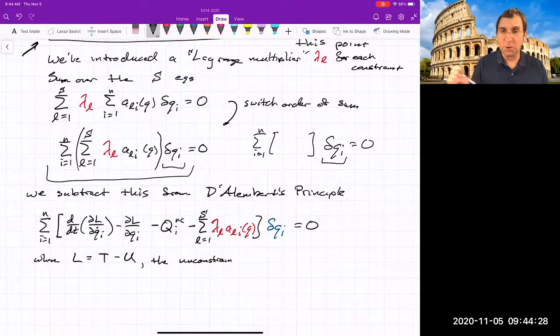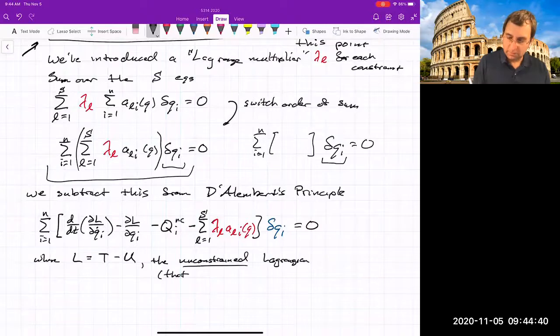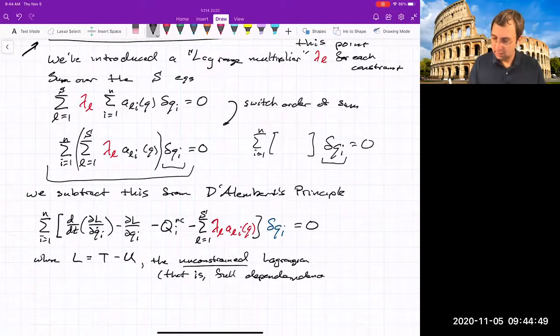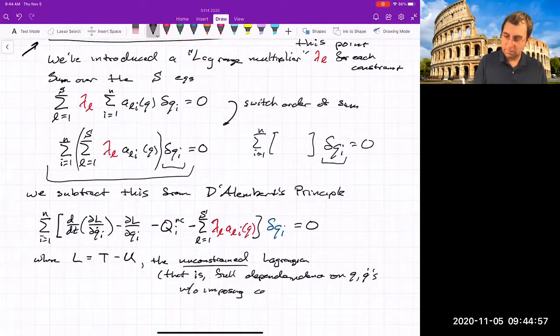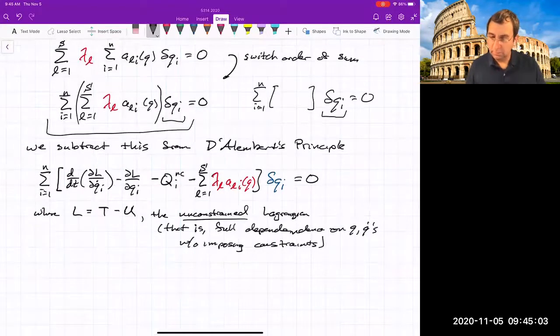We're using the Lagrange multipliers to impose the constraints. So this is the unconstrained Lagrangian, with full dependence on the q's and q dots, without imposing constraints.